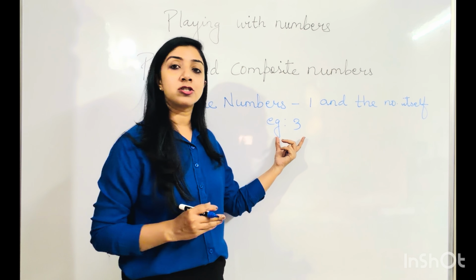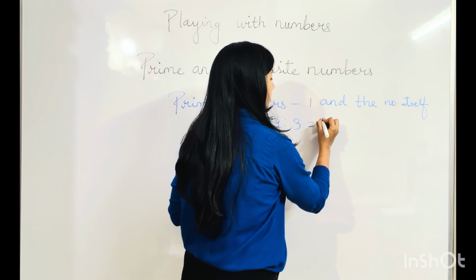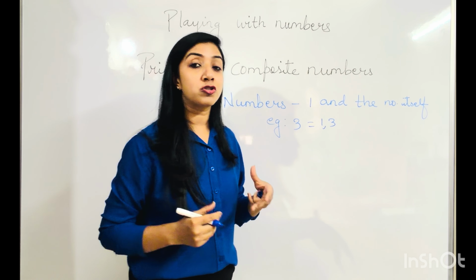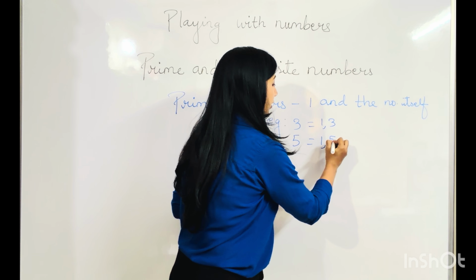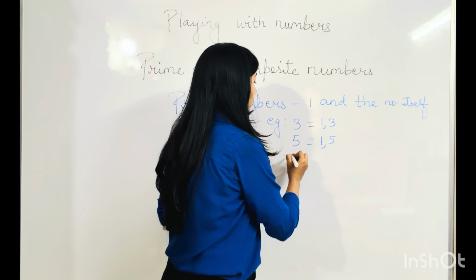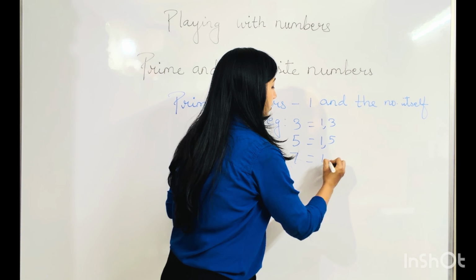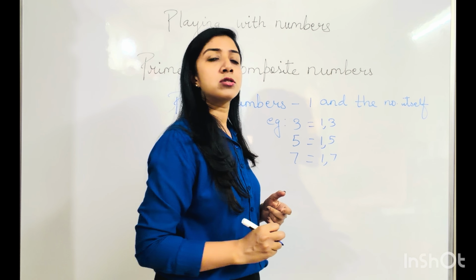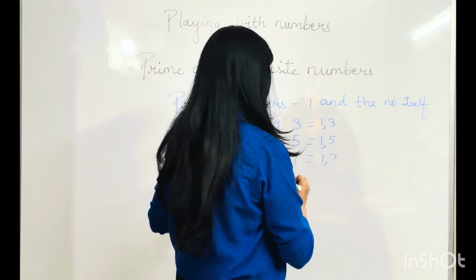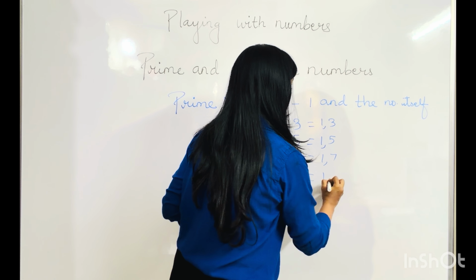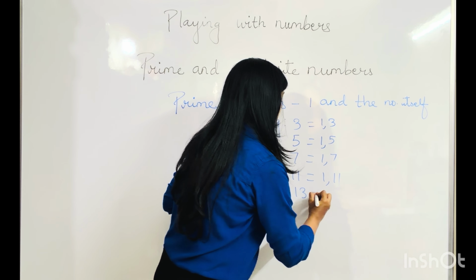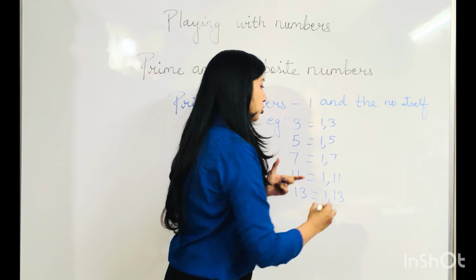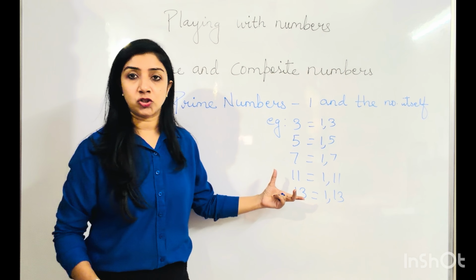So what are the factors of 3? 1 and 3. Factors of 5, 1 and 5. Factors of 7, 1 and 7. Factors of 11, 1 and 11. Factors of 13, 1 and 13. So these are all prime numbers, children.